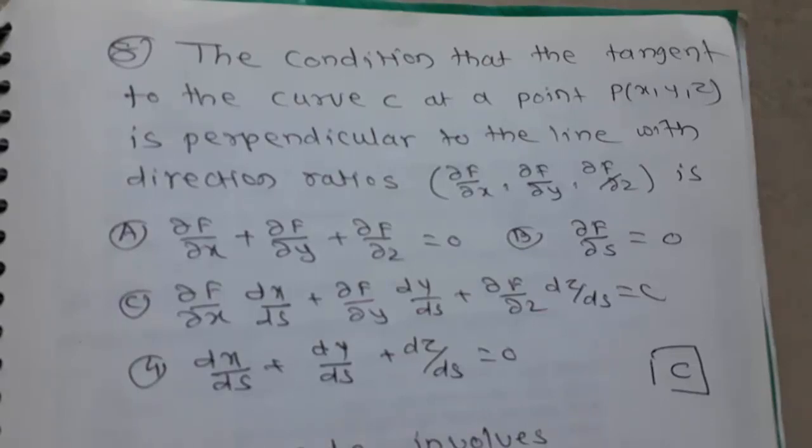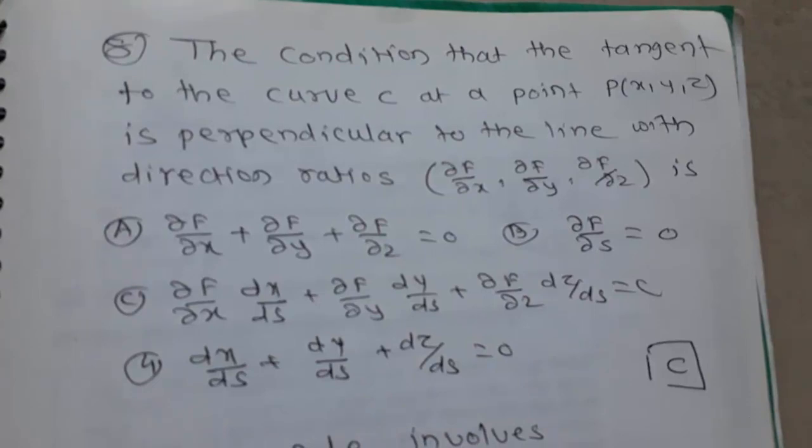Options are A, dou f by dou x plus dou f by dou y plus dou f by dou z equal to 0; B, dou f by dou s equal to 0; C, dou f by dou x into dx by ds plus dou f by dou y into dy by ds plus dou f by dou z into dz by ds equal to 0; D, dx by ds plus dy by ds plus dz by ds equal to 0. Out of these, the condition is C, that is dou f by dou x into dx by ds plus dou f by dou y into dy by ds plus dou f by dou z into dz by ds equal to 0. This is the correct condition.